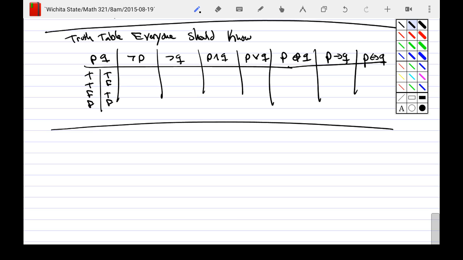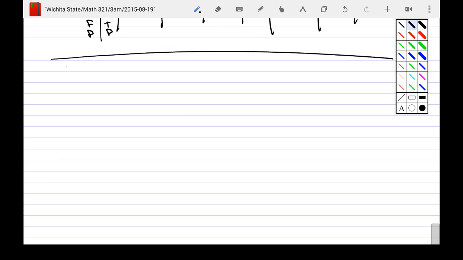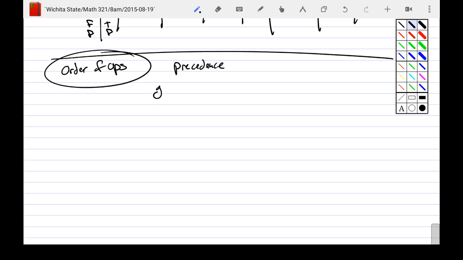All right, one of the things that we have to worry about now, and the last thing here, is precedence, order of operations. Obviously, I can take operations and mix them up with grouping symbols. And if I look at the idea of precedence, the first thing we talked about is grouping.